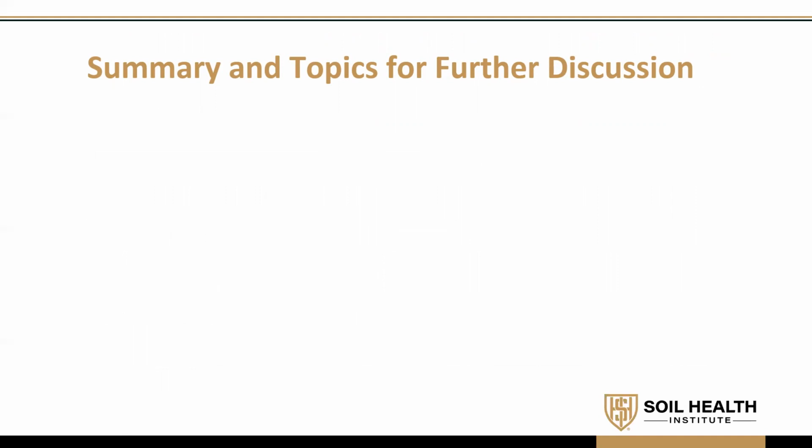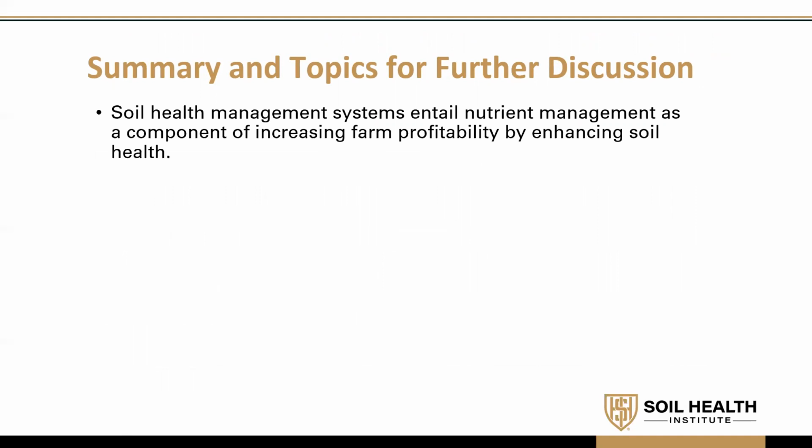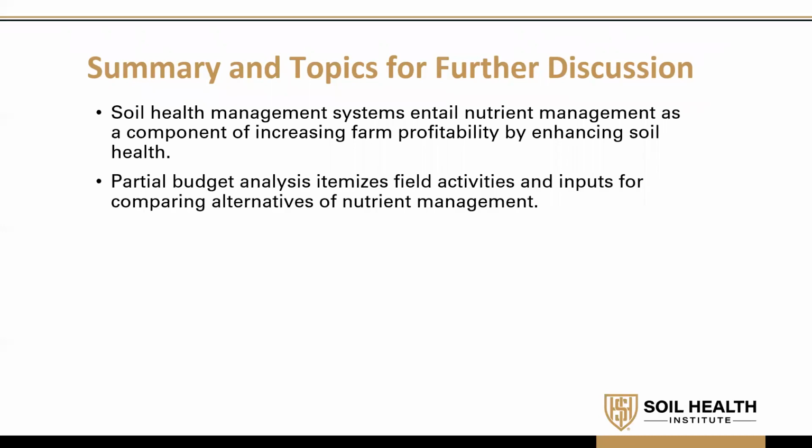Now we'll take a look at summary and topics for further discussion from our empirical results. Soil health management systems entail nutrient management as a component of increasing farm profitability by enhancing soil health. Partial budget analysis itemizes field activities and inputs for comparing alternatives of nutrient management.